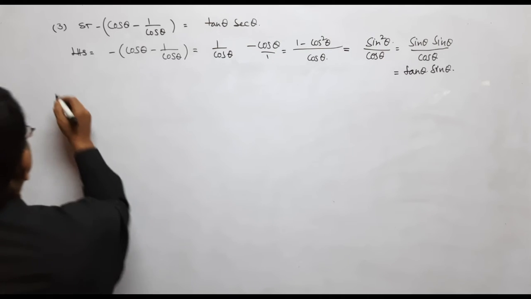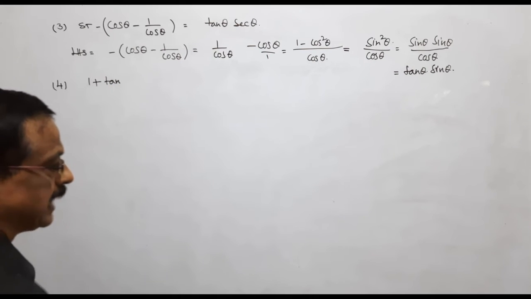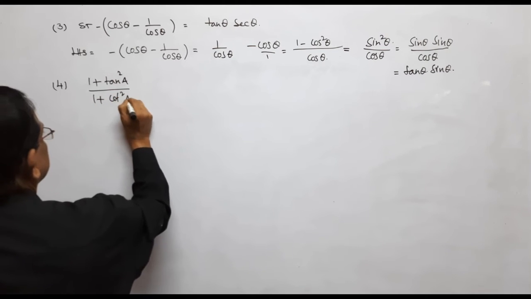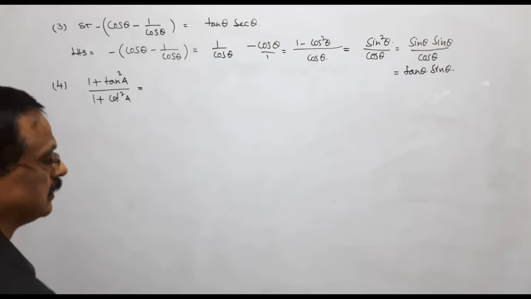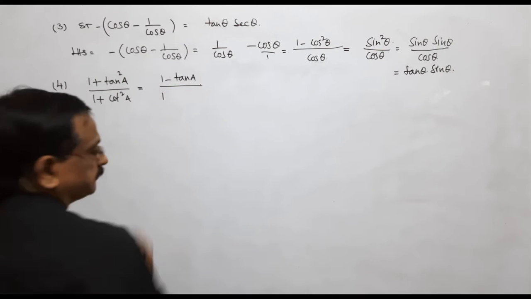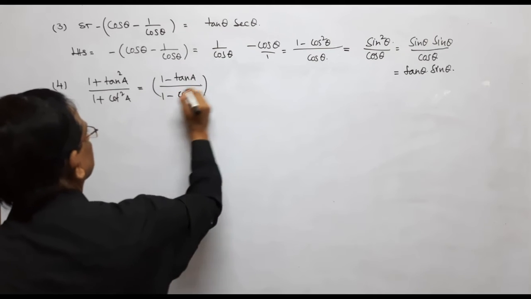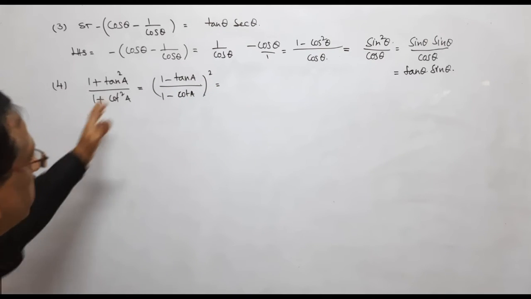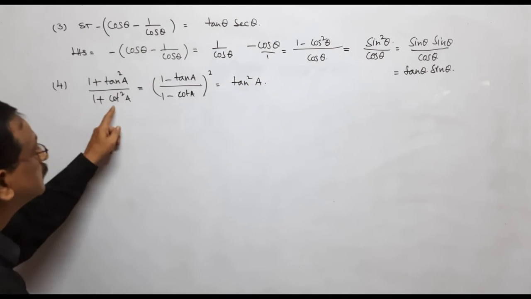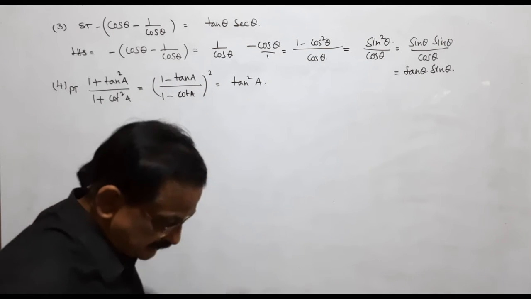So in that case, let us see a problem: 1 plus tan square A by 1 plus cot square A is equal to 1 minus tan A whole square by 1 minus cot A whole square, is equal to, this I have to show as tan square A. So I'll write down, prove that this is equal to this is equal to this.